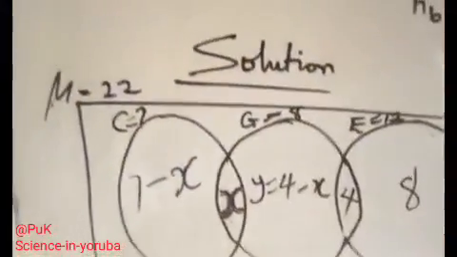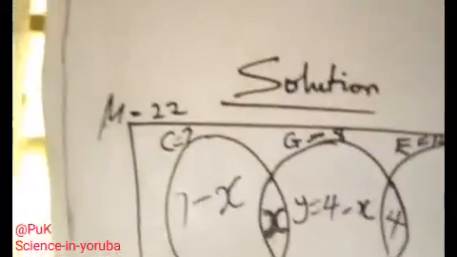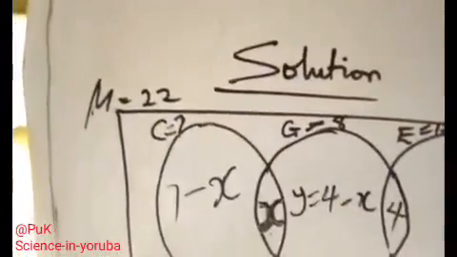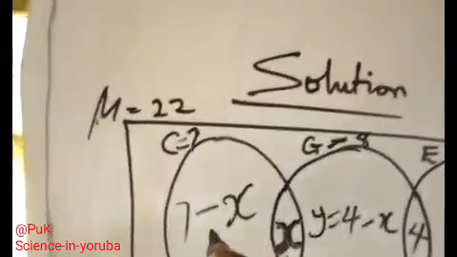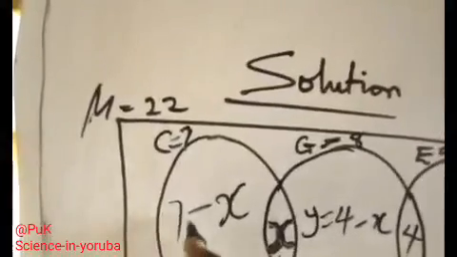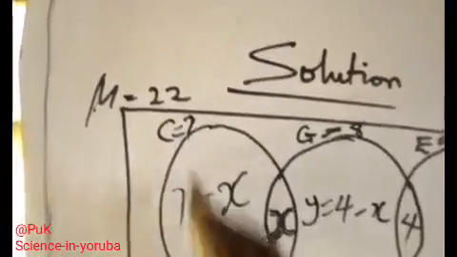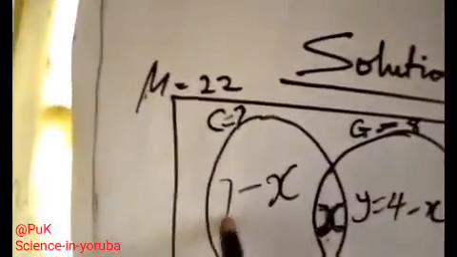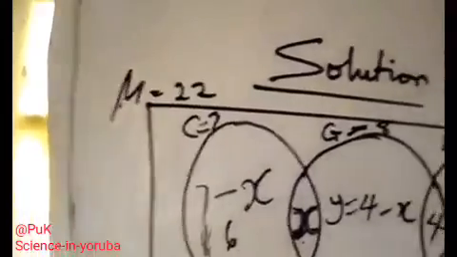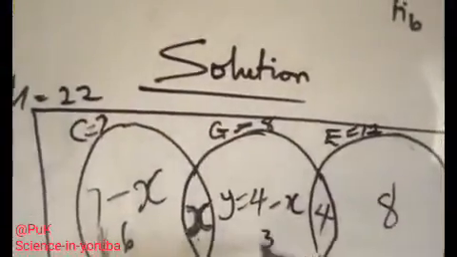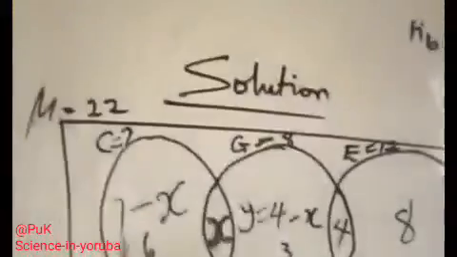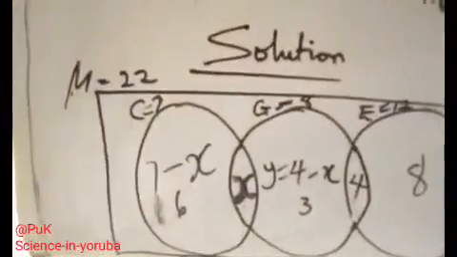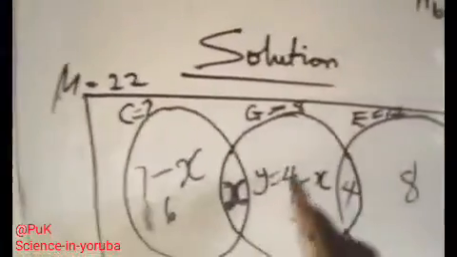Now, to get the number of students taking chemistry only, we have 6. This one will be 3. This one will be 6, that is 7 minus 1. This is 4 minus 1.